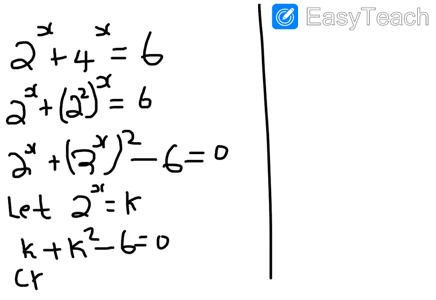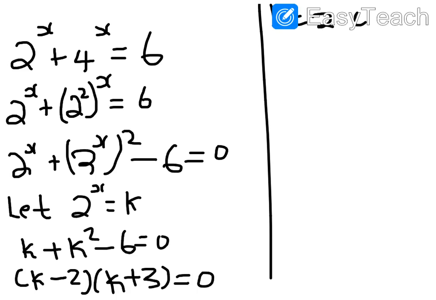And this will be k minus 2 times k plus 3 equals 0. And k equals 2 and another k equals negative 3.